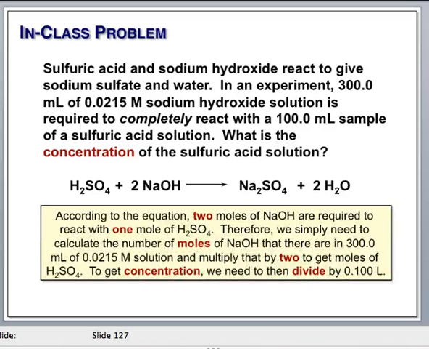So we multiply that by 2 to get moles of sulfuric acid. Once we know moles, divided by our volume, and we get concentration. This is what is referred to as a titration. We are taking a strong acid and a strong base, we're mixing them carefully until we get a neutral solution.